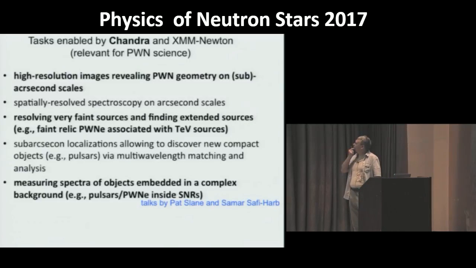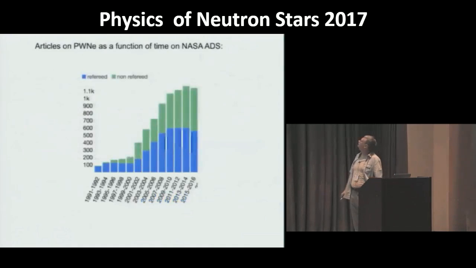I'll give an example later through multi-wavelength observations, right? So localizations are very important, subarcsecond localizations. And also being able to disentangle different spectral contributions, for instance thermal emission from the supernova remnant from non-thermal emission from the pulsar wind nebulae, can be done with Chandra very well and with XMM to some extent, but it was already mentioned by Pat and Samar.